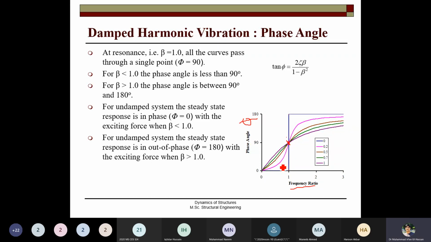When the damping is not present, the behavior is like this. For the undamped system, the steady state response is out of phase with the exciting force for beta larger than 1.